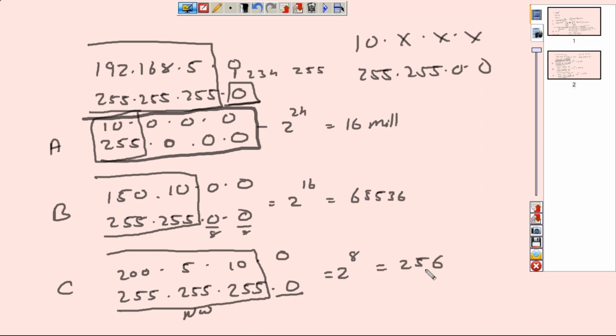Are you getting the picture here? You have a home network, a small office network. We would typically use a class C addressing scheme. Why? Because the maximum addresses that a particular network can give you is 256. But if you are an enterprise company and your office has say 3,000 people in it, you would more likely use a class B network, because each class B network can give you up to 65,000 hosts.